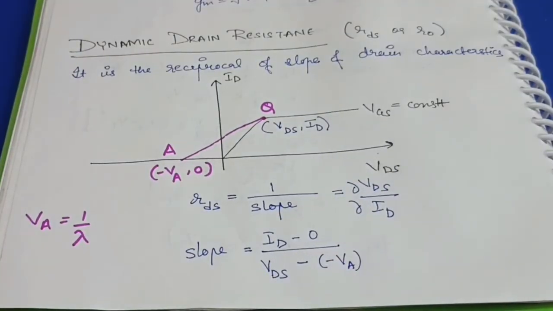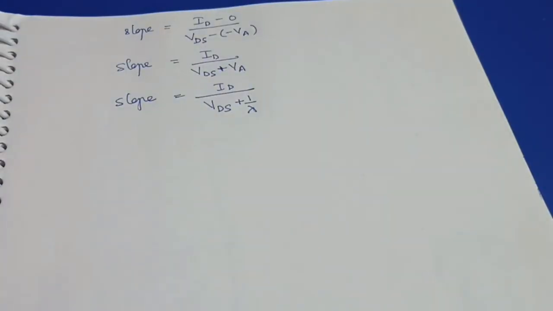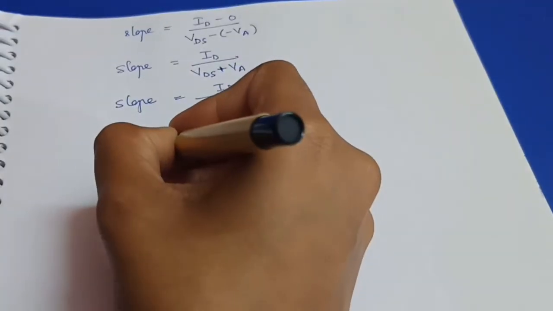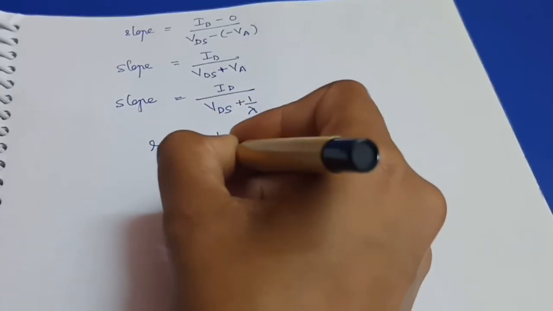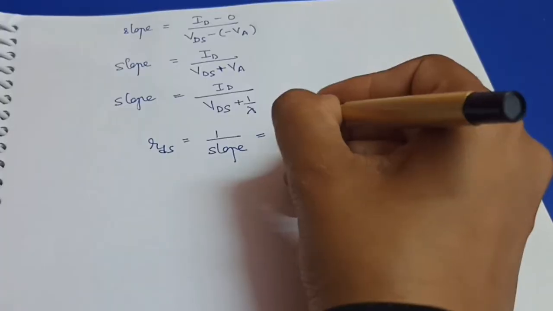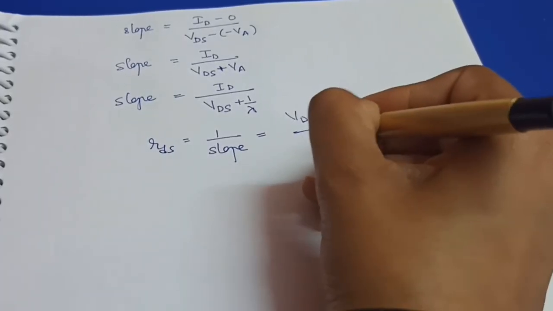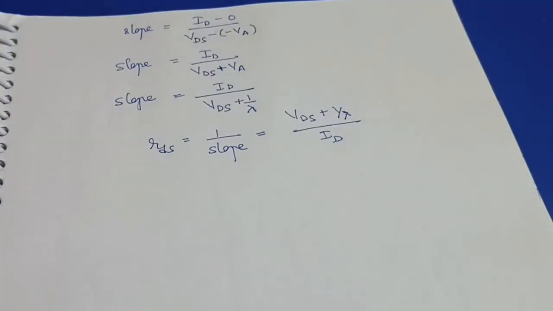Let's solve this equation and substitute the value of VA. From here, this is the slope, and we can calculate dynamic drain resistance rds, which is 1 upon slope, that is reciprocal of slope. We get VDS plus 1 by lambda upon ID. So that's the formula for rds.